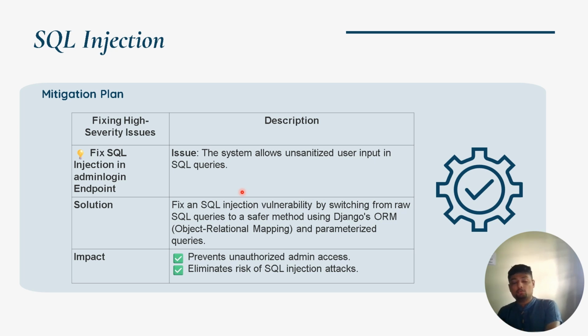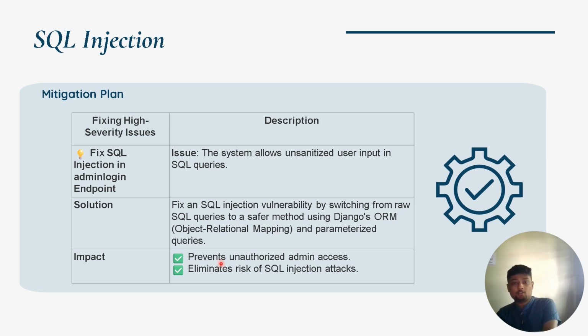So what we are going to do to overcome the vulnerabilities from that is, instead of using our normal approach, we are going to use Django's ORM, object relational mapping. So the input is mapped to an object, and based on that object, it is then mapped to our database. So the direct execution of queries within our code is omitted, and so we can prevent this issue.